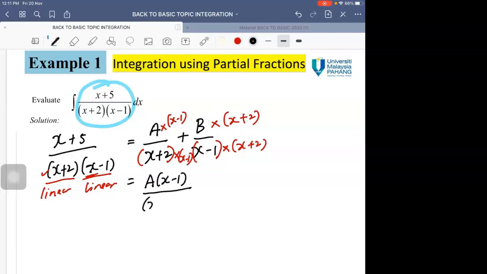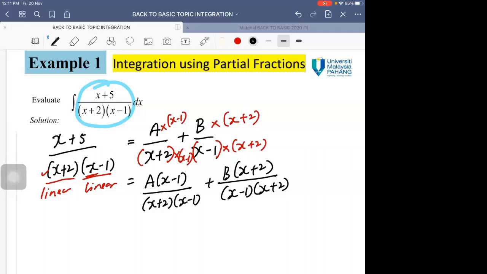Okay, so simplify this. I have a multiplied with x minus 1, so below here is x plus 2 times x minus 1, and then plus b multiplied with x plus 2 over x minus 1 multiplied with x plus 2. As I told you, for multiplication, no need to worry about the position.